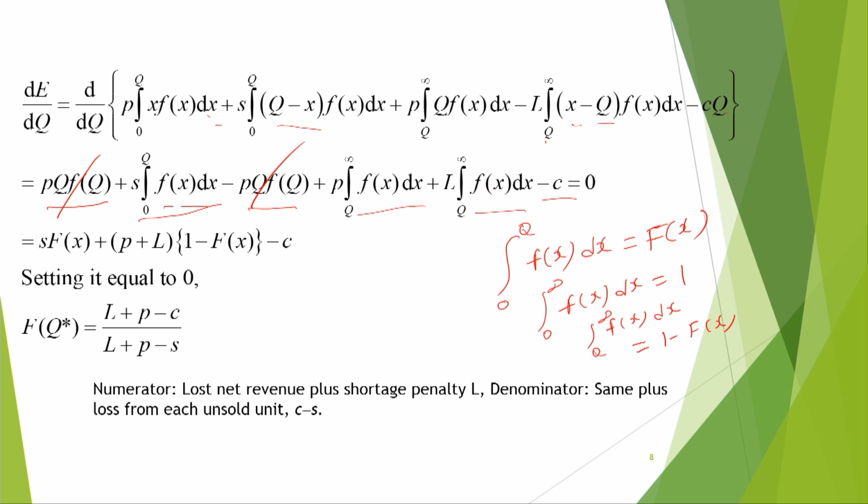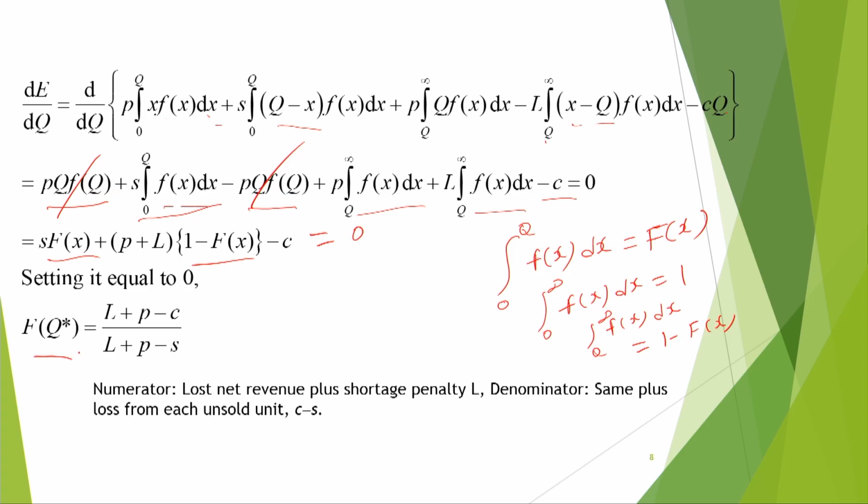So, therefore, what we can do is write this as p plus L times 1 minus F(x), and this is s F(x) minus c, and this has to be set equal to 0 because we are finding d by dq equal to 0.